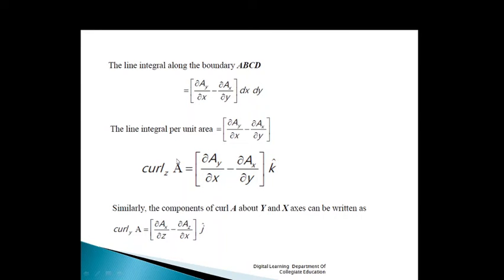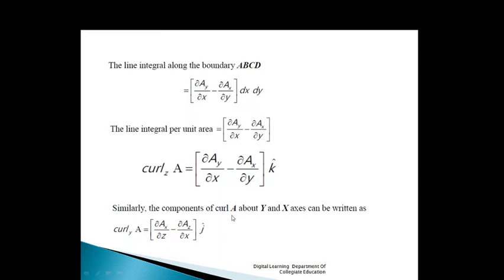Therefore, line integral per unit area can be represented as curl along the z direction, equal to ∂Ay/∂x minus ∂Ax/∂y, with respect to unit vector k.